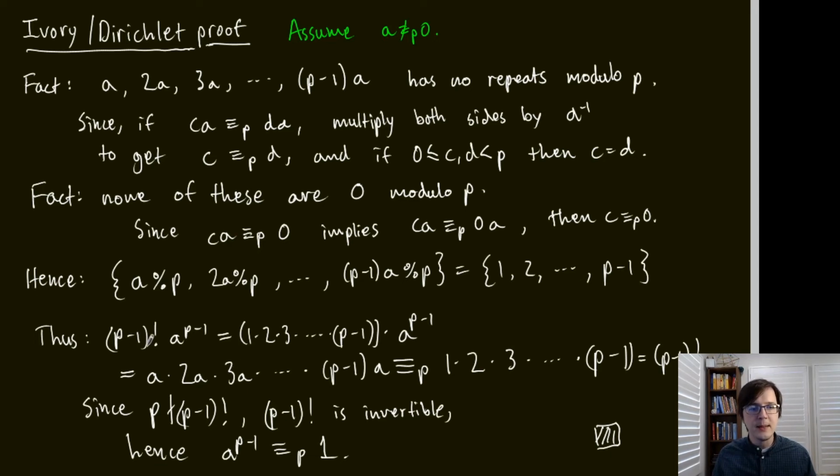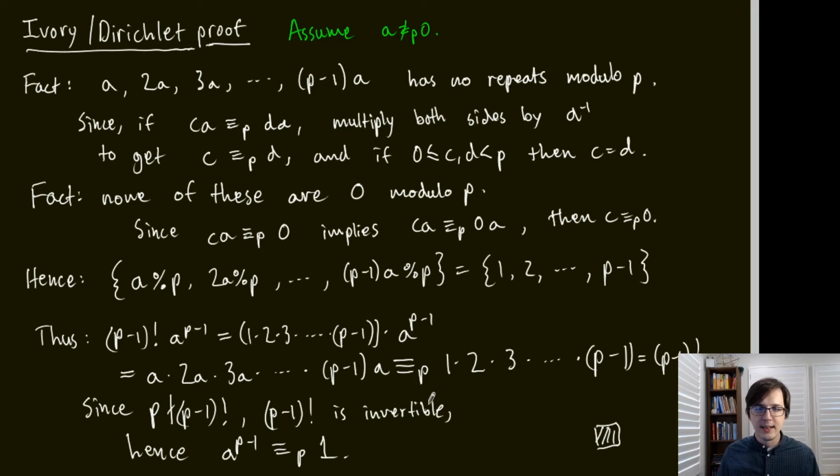So now we do some magic calculations. So consider (p minus 1) factorial times a to the p minus 1. So (p minus 1) factorial is the product of 1 through p minus 1. And then by taking these two numbers and intercalating them, we can then write this as 1 times a times 2 times a times 3 times a, and so on. So each of these p minus 1 a's gets a partner among the factors of the factorial.